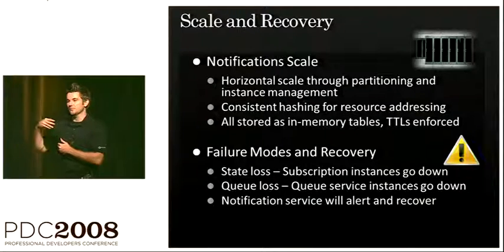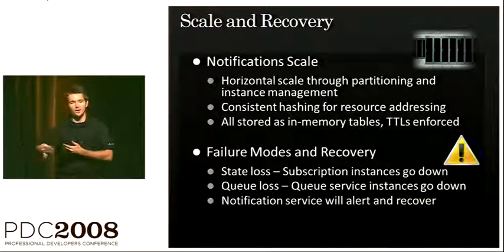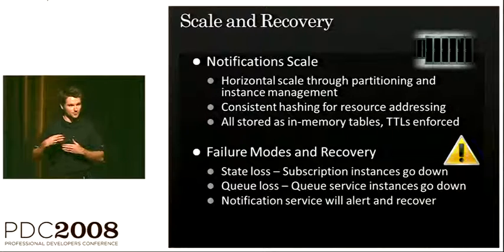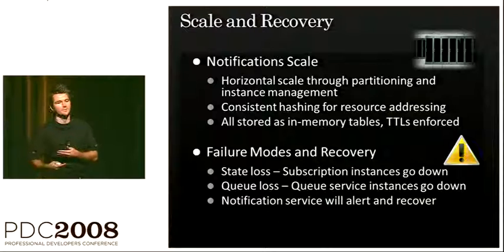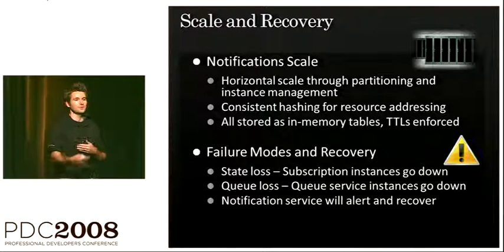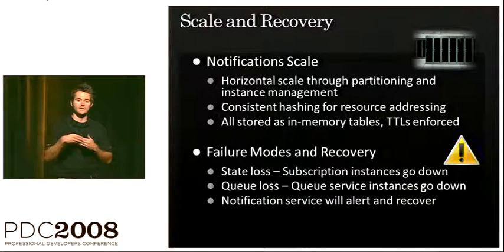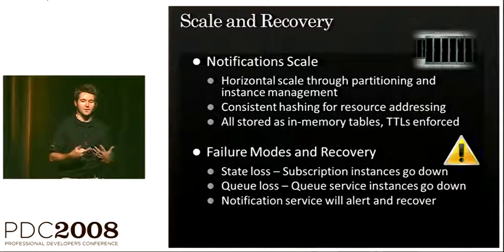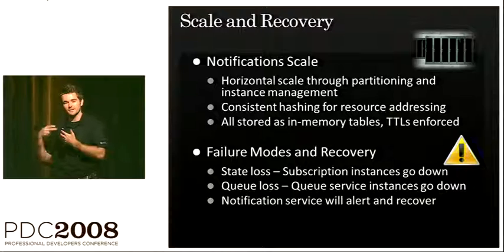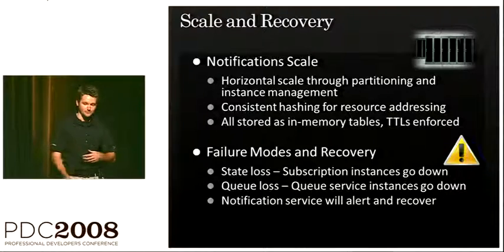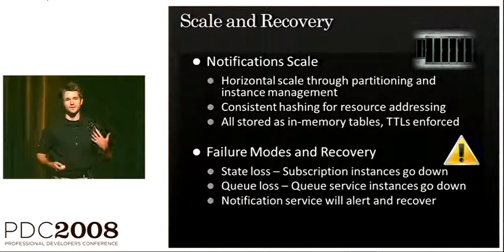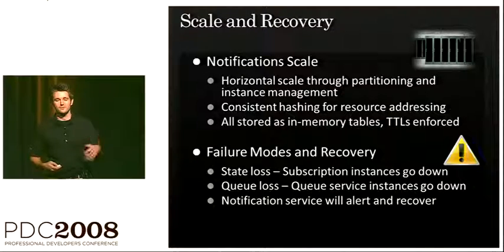Again, if you're interacting at the protocol and service level, a lot of these things you'll have to do yourself and respond to state loss notifications and queue loss notifications. If you're interacting at the OM or through the client libraries, a lot of this is managed for you. In fact, this is seamless to your application. But the important point to note is that the service will recover, it will alert you, and you can respond appropriately.